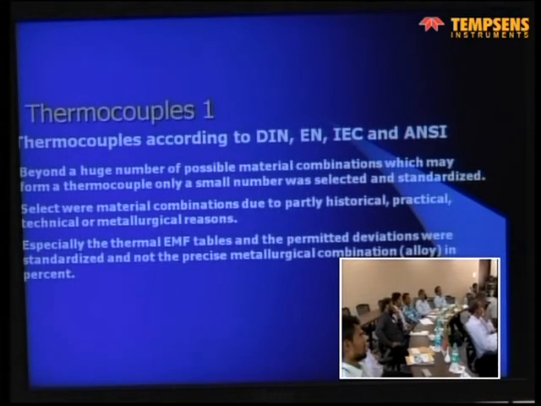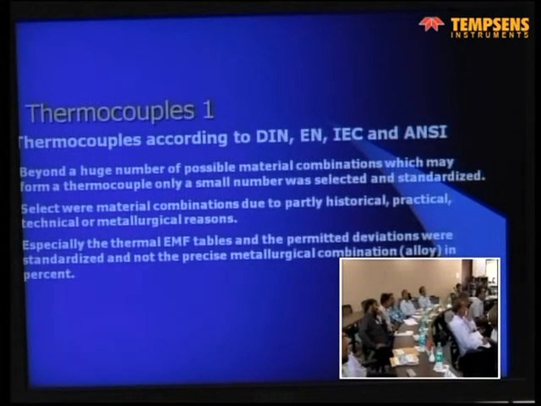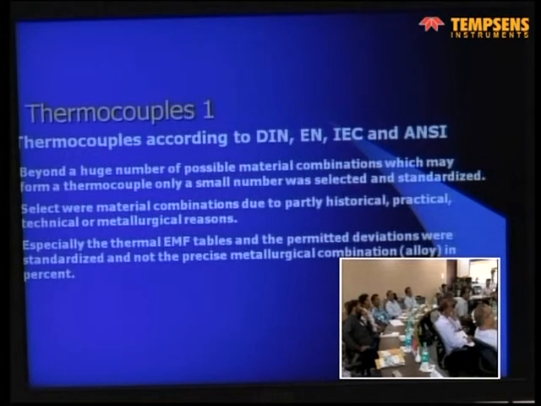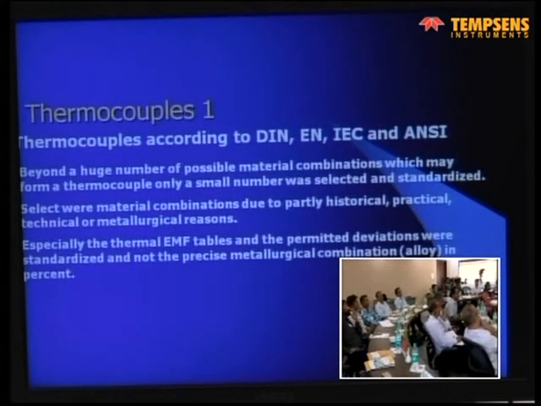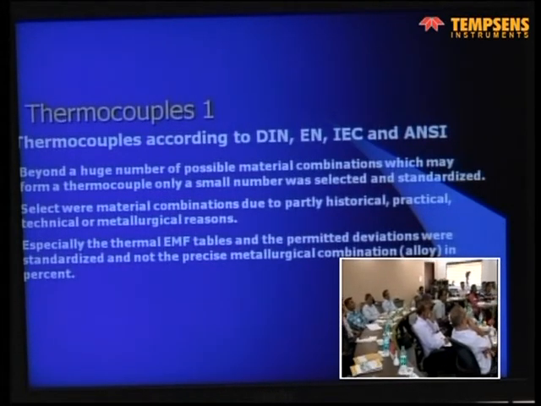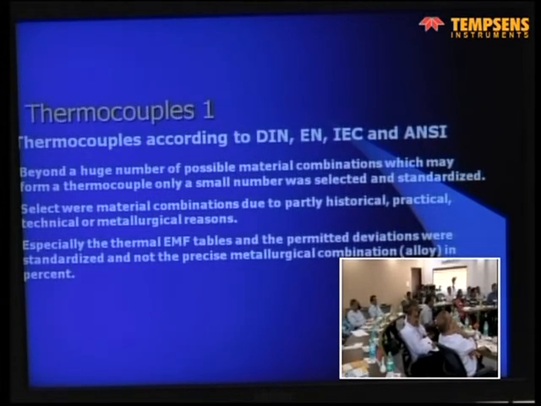Especially the thermal EMF table and the permitted deviations are standardized and not the precise metallurgical combination in percent. This is important.